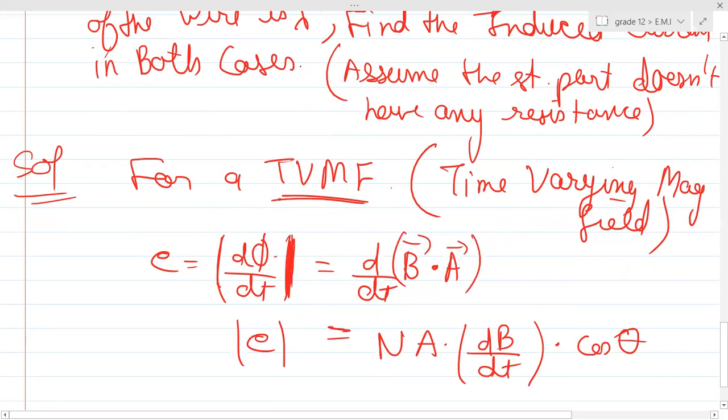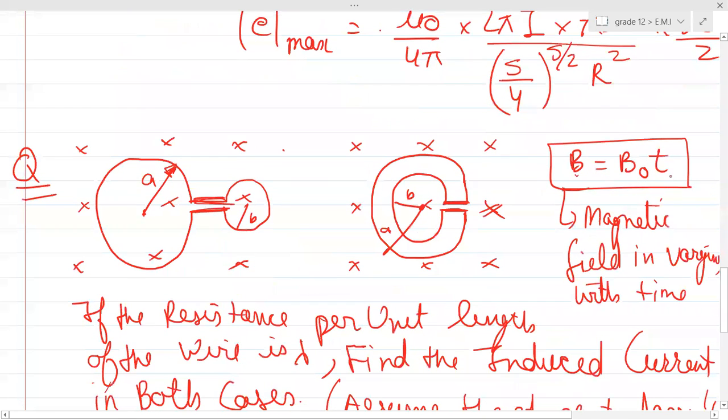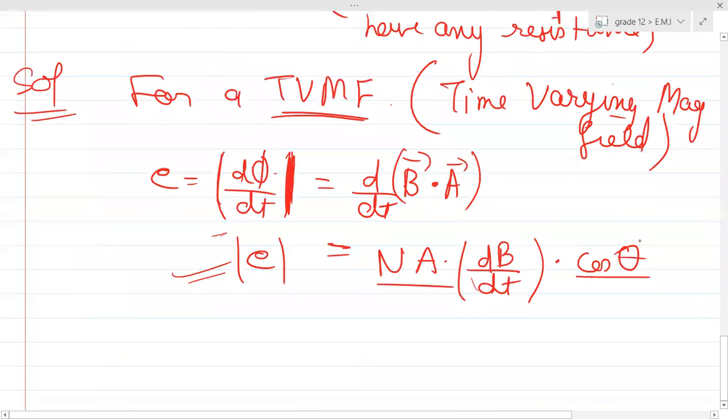Whenever there is time varying magnetic field, only magnetic field is varying with time. Every other thing is constant, so it came out of the differentiation and it basically gave this, right? So try to use this concept, and here over here B is basically B naught by T, hence dB by dt will be equals to how much?